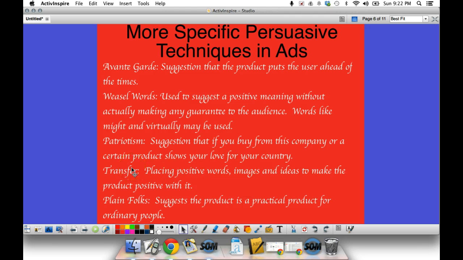Transfer is the placing of positive words, images, and ideas to make the product positive with it. For example, Target has a new ad out right now where it's all these women wearing the new summer lineup for Target, and they're all on the beach having a good time.